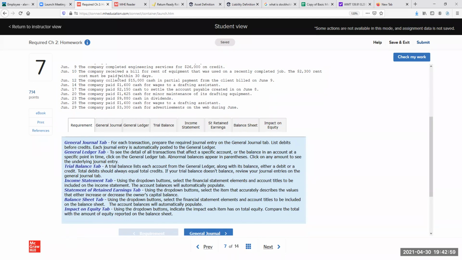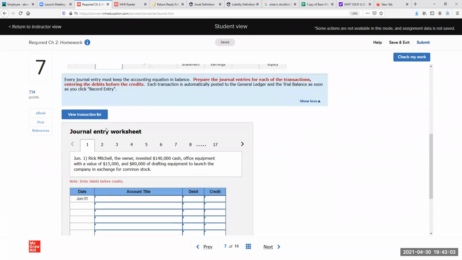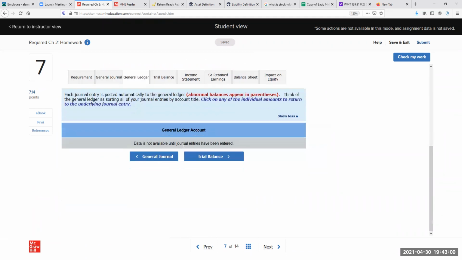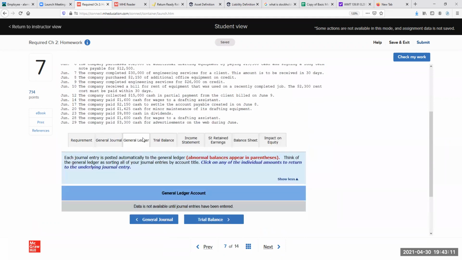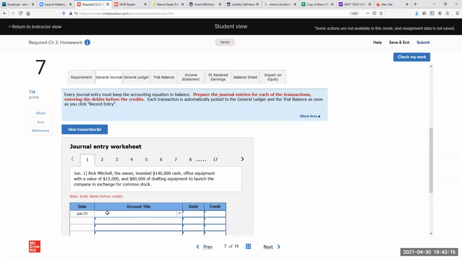You need to put all these journal entries in here and they will automatically go into the ledger. In real life. Now in the class, you're going to have to do it by hand, but watch right now. There's nothing in that ledger, but let's do the first journal entry. Cash, what goes first? Things on the left side, the debits, go first.